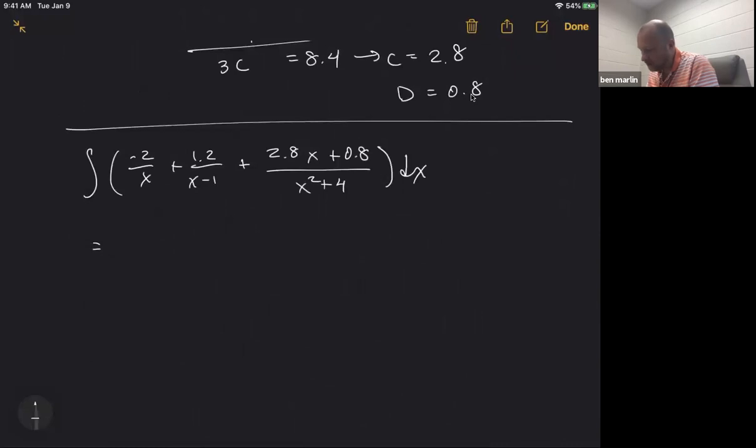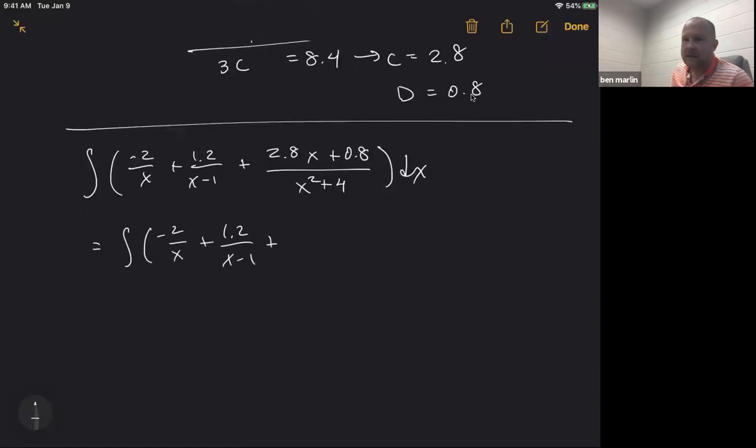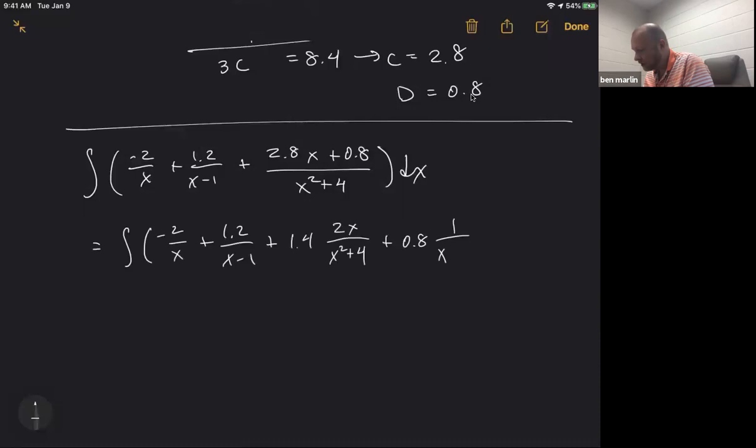So we are having to integrate minus 2 over x plus 1.2 over x minus 1 plus, because for a u substitution of x squared plus 4 will get you factors of x, we'll say 1.4 times the 2x over x squared plus 4. So we're going to do u sub essentially in our heads. Sorry. And a 0.8 times the 1 over x squared plus 4, which hopefully you remember goes to an arctangent type thing.